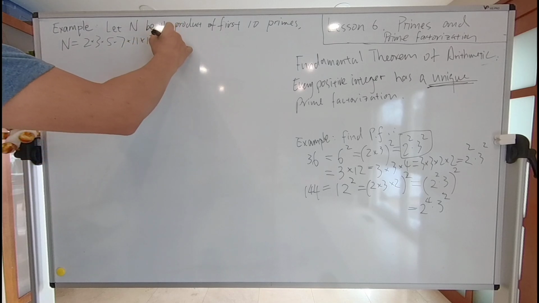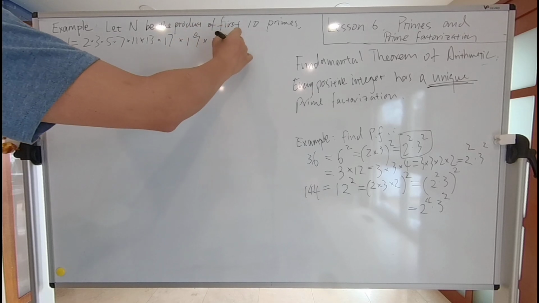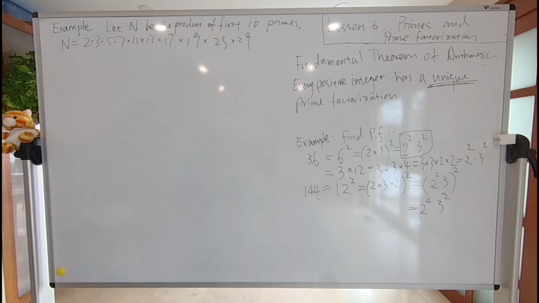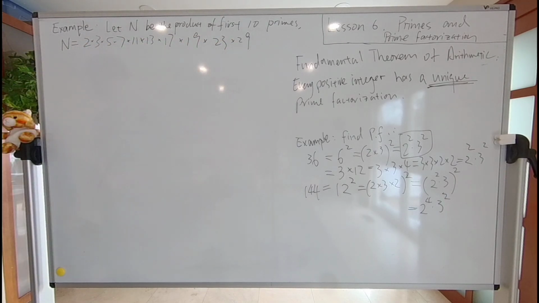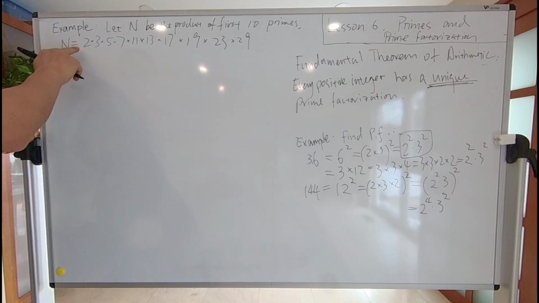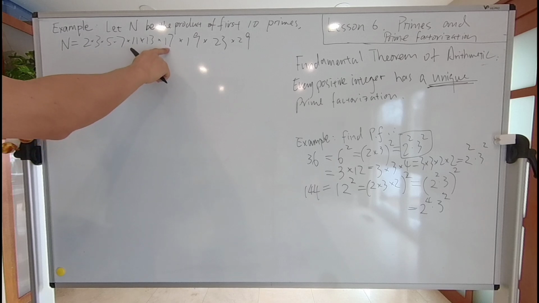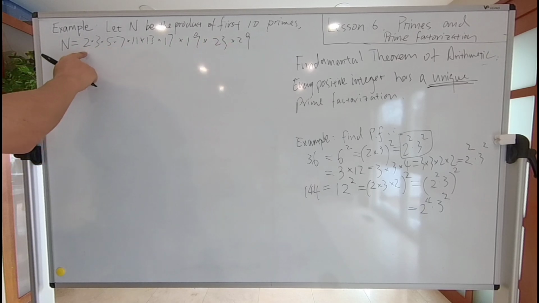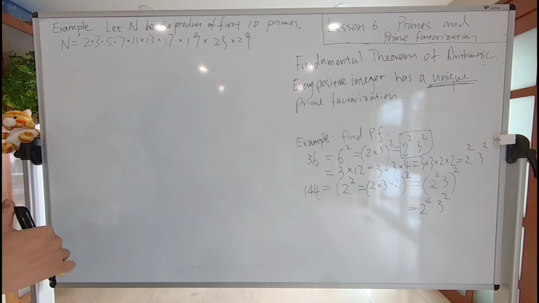There are lists of prime numbers that people have compiled. Here I'm just copying down the first 10 primes. So up to here, if n is a product of all these numbers, then obviously n has many factors such as 3 or 11 or 17. Any number here, because it's a product, is also a factor of n. This is pretty clear, with no ambiguity.